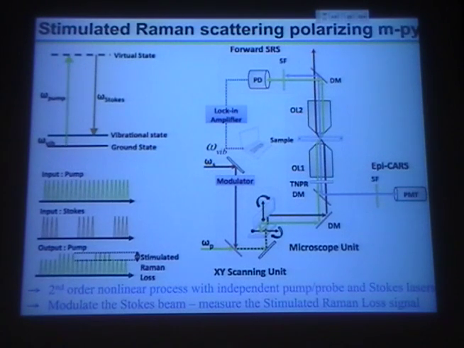this light will be at two different frequencies, the pump frequency and Stokes frequency, that you can see depicted in here. On top of that, we'll be modulating the Stokes signal using an electro-optic modulator.